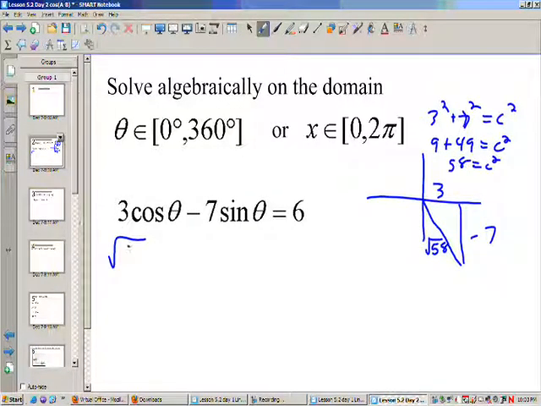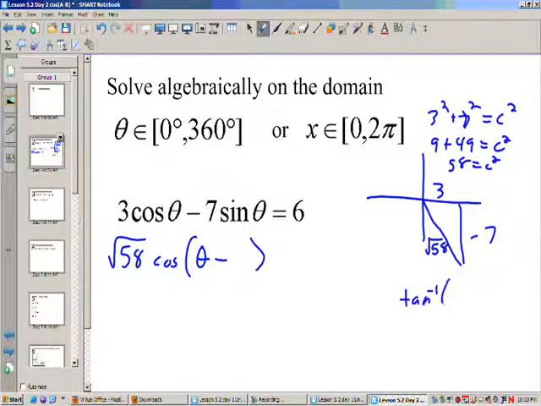So square root of 58 cosine of theta minus, well, if we look at this, since this is in the fourth quadrant, we could just take the inverse tangent of negative 7 over 3, and that value, inverse tangent of negative 7 over 3, that value is negative 66.8.